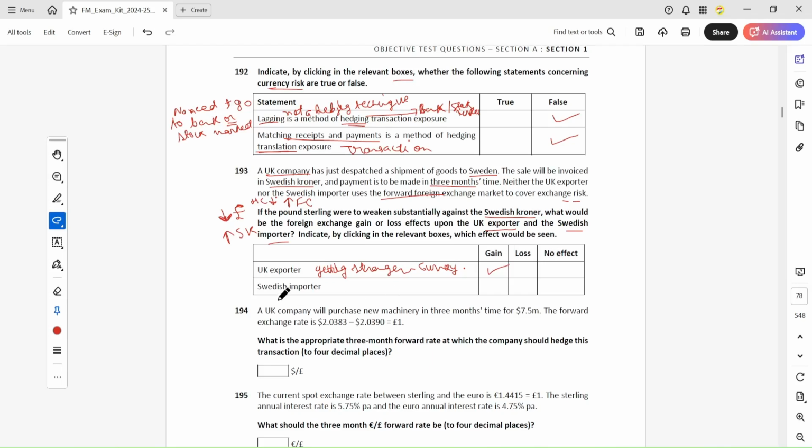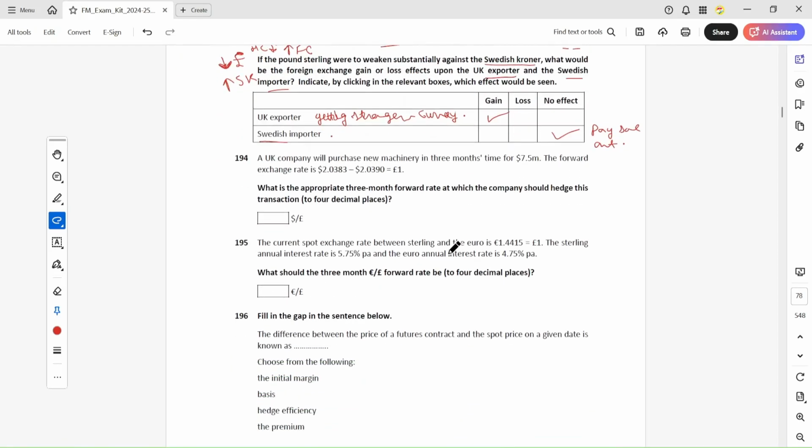But for the importer, because the invoice is in Swedish krona, the importer has to pay the same amount regardless of increase or decrease. So there is no effect on the importer.